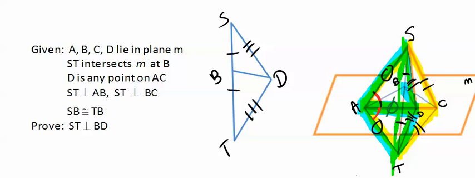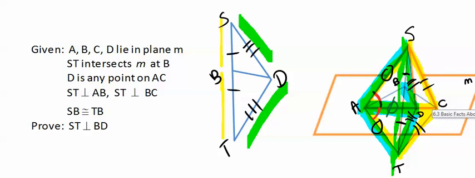Now, if you notice, we now have two sets of congruent segments going to an endpoint of another line segment, which means we've established a perpendicular bisector based on the equidistance theorem. And since we have a perpendicular bisector, we've now just proven that ST is perpendicular to BD.